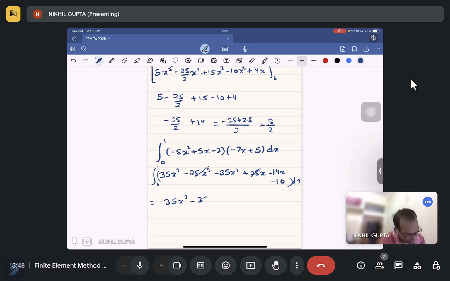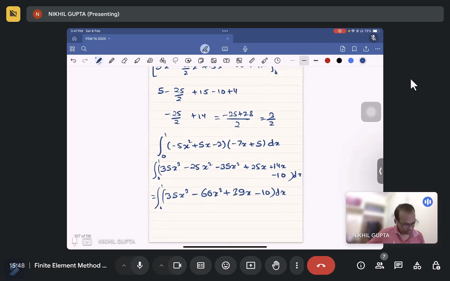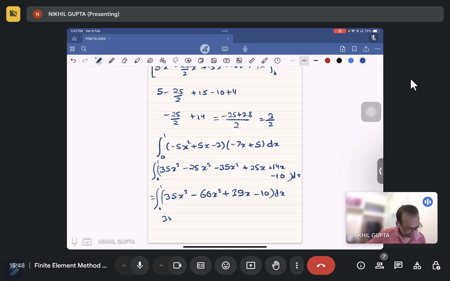So this will be 60x square plus this 39x. If you see a mistake, you can directly unmute and point it out. Okay, this looks fine. Now let's integrate it. So we get 35 by 4 x power 4 minus 20x cube plus 39 x square by 2 minus 10x, integrated from 0 to 1.